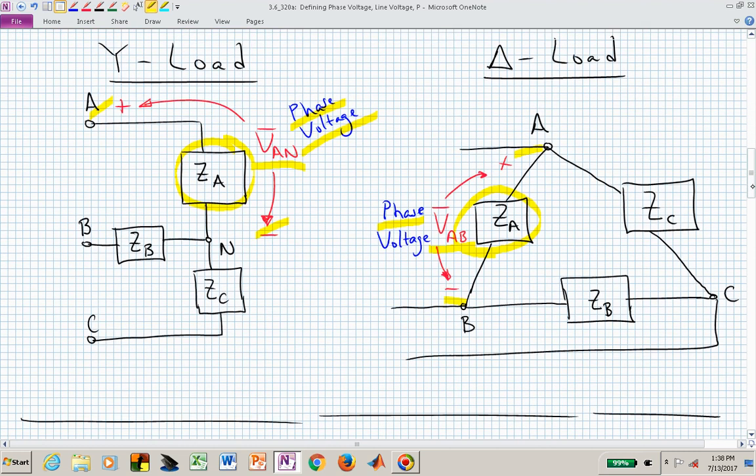And I hope that you can see just by the notation that the phase voltage for the Y connected load is not the same as the phase voltage for the delta connected load. That should be clear, I hope.